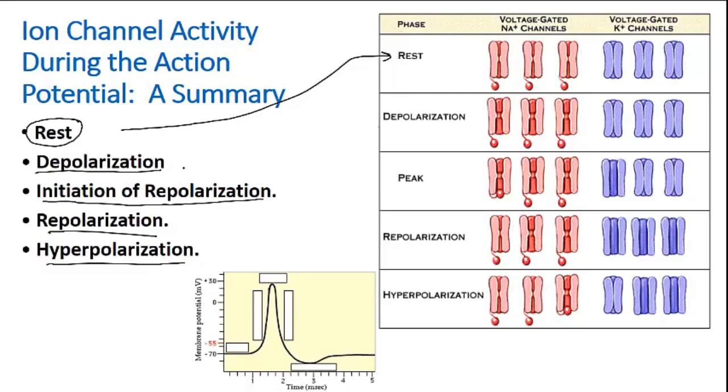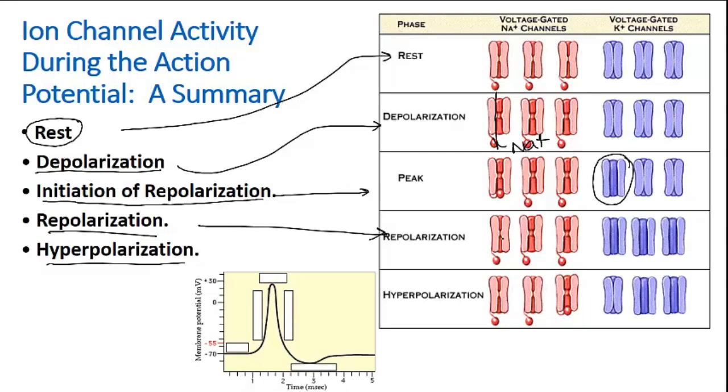In the second stage, depolarization, sodium channels open, there is net movement of sodium inside, and potassium channels remain closed. At the initiation of repolarization, potassium channels start to open while sodium channels start to close down. Then during the repolarization stage, sodium channels close by themselves; this closure is caused by many phenomena we talked about earlier.